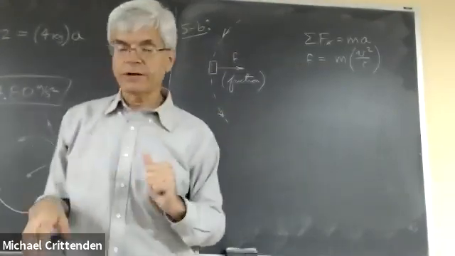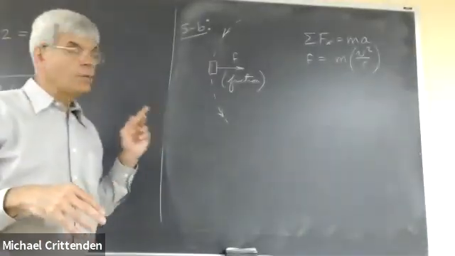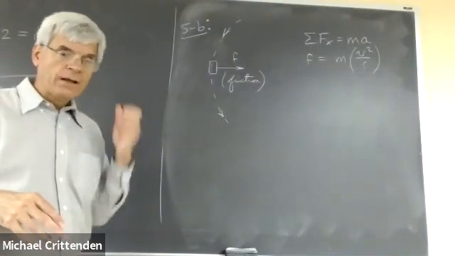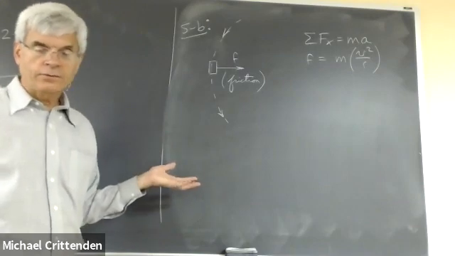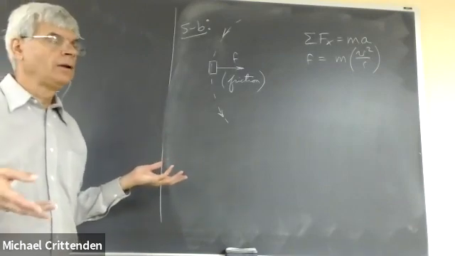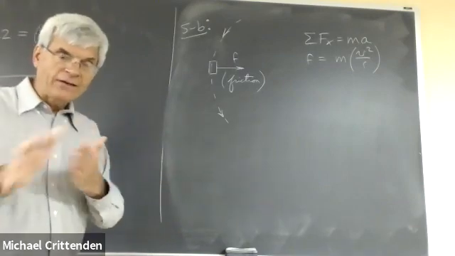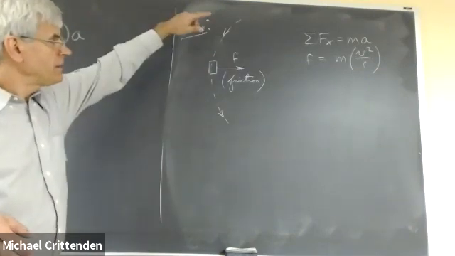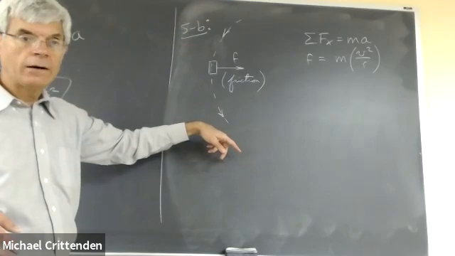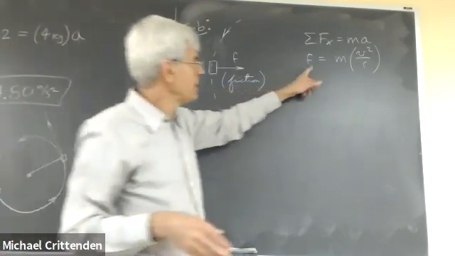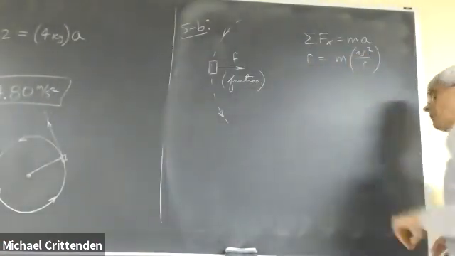So it's static friction. The way static friction works is it provides however many newtons or however many pounds are needed to prevent any slippage. So if you go around this curve really slowly, like 1 mile an hour, there'll be a little tiny friction force equal to mv squared over r.